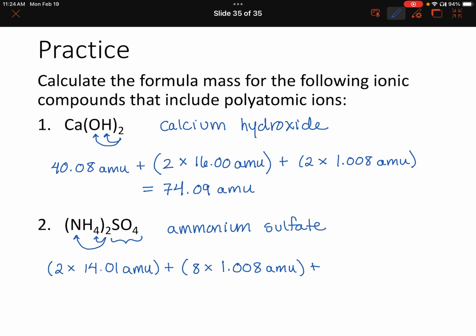It looks like we just have one sulfur, and its mass is 32.06. And then finally we have oxygen, and there's 4 oxygens. So we'll multiply the mass of oxygen by 4. Okay, so putting that all into our calculator, we should get a mass of 132.1 AMU.